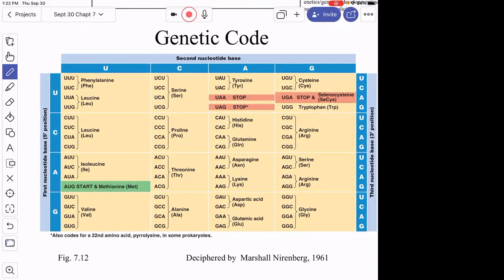Before we move forward and think about how that messenger RNA transcript can end up being translated into a protein, we need to have a little bit of understanding of the genetic code. This is not anything that you're going to memorize.